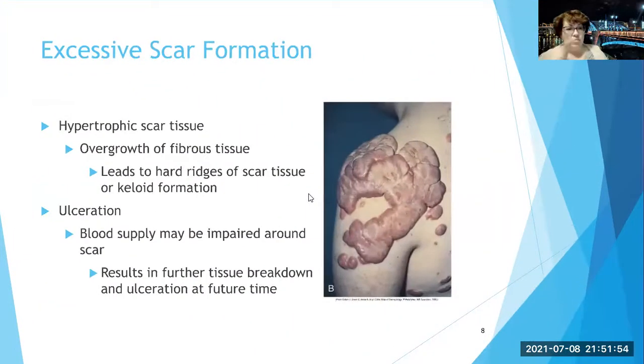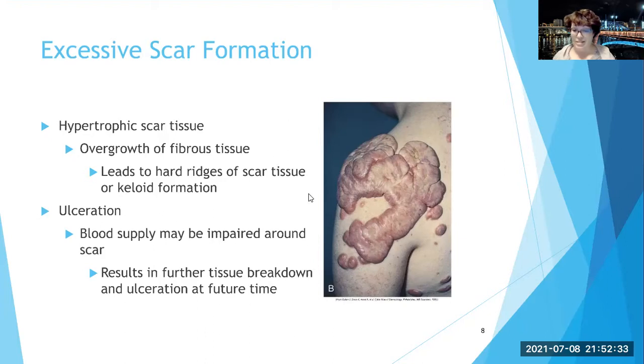So we'll talk about excessive scar formation in a moment, but factors that promote healing are being young, that helps, good nutrition, protein, vitamin A, vitamin C, adequate hemoglobin, effective circulation, a clean, undisturbed wound, no infection or further trauma to the site. Factors that delay healing are advanced age, because as you age, you have reduced mitosis, poor nutrition, dehydration, anemia, because you have low hemoglobin, so low oxygen in the tissues, or circulatory problems.